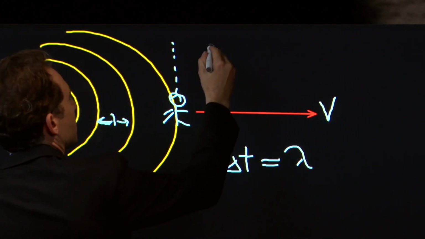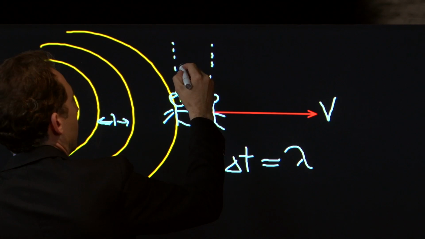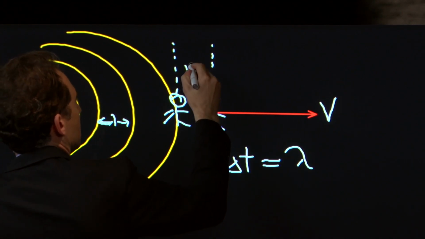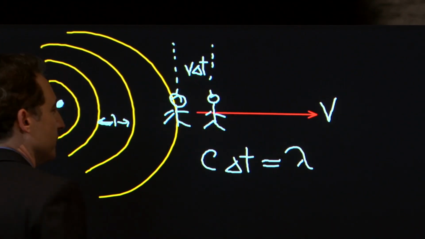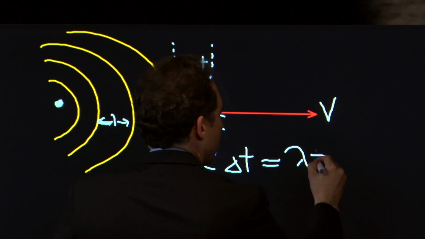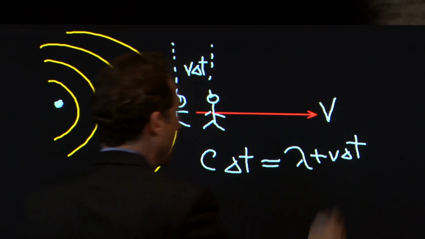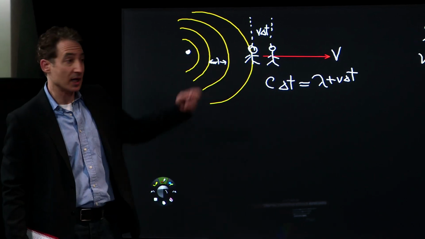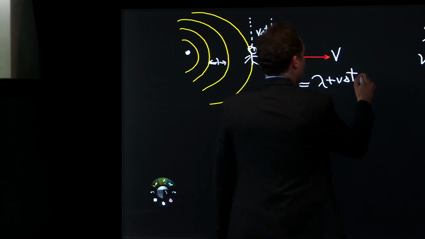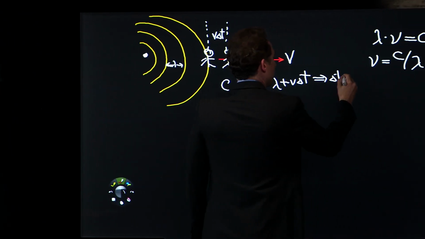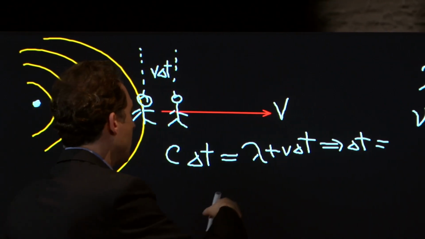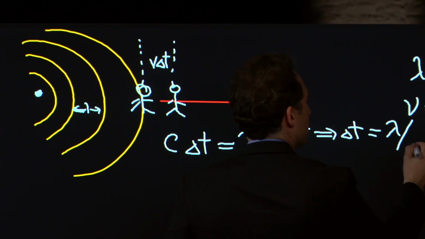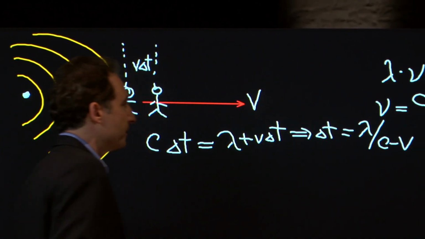So the distance between your initial and your next location there is going to be v delta t. So the light has to cover that distance as well for this next crest to hit you. And therefore, we can solve for delta t. Delta t, bring that over to the other side, is just lambda over c minus v.